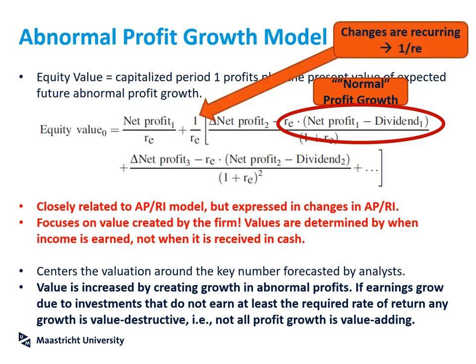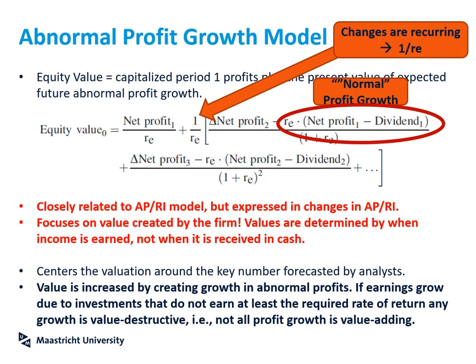And then basically what we will do is we will take all these abnormal profit growths and we again assume that these changes are happening indefinitely. So take every abnormal profit growth and then multiply each of these with 1 over the cost of equity. Because what we're saying is if we have, let's say, an abnormal profit growth of 3 euros next year, this will persist into the future as well.